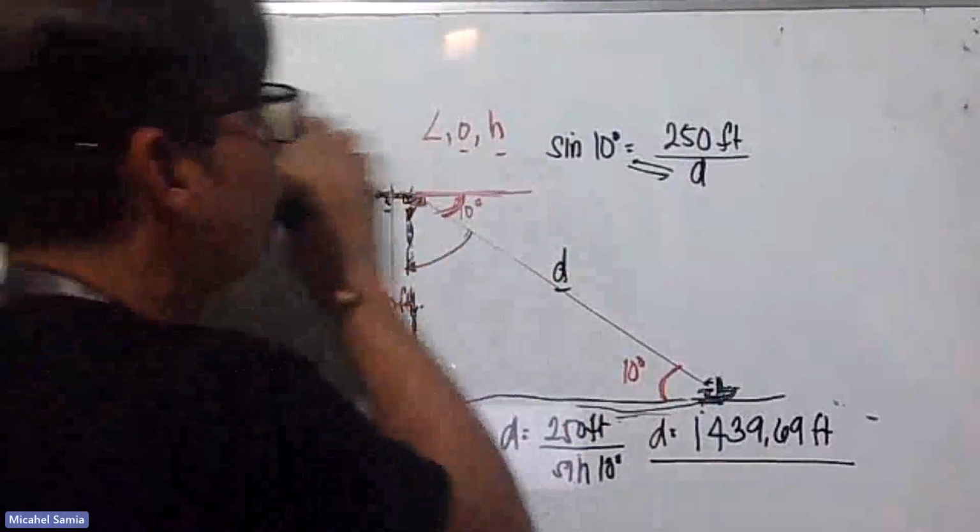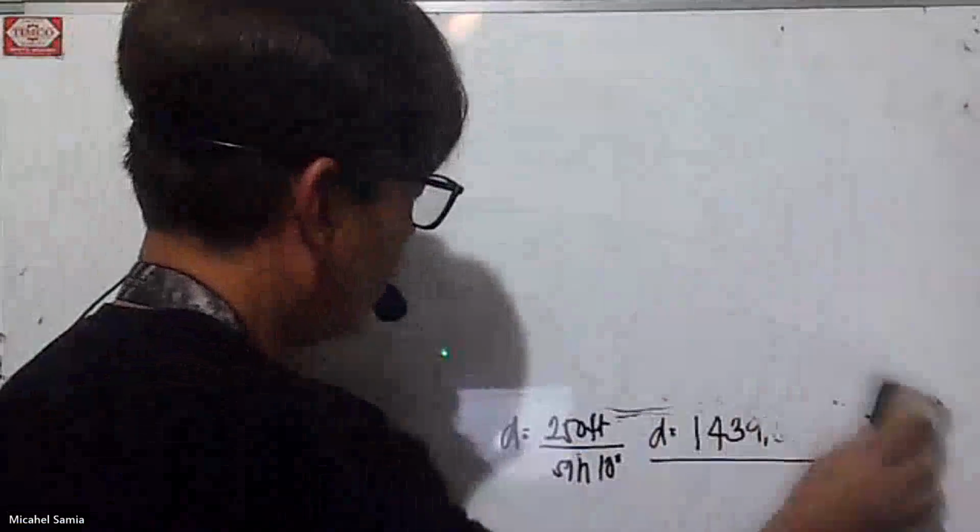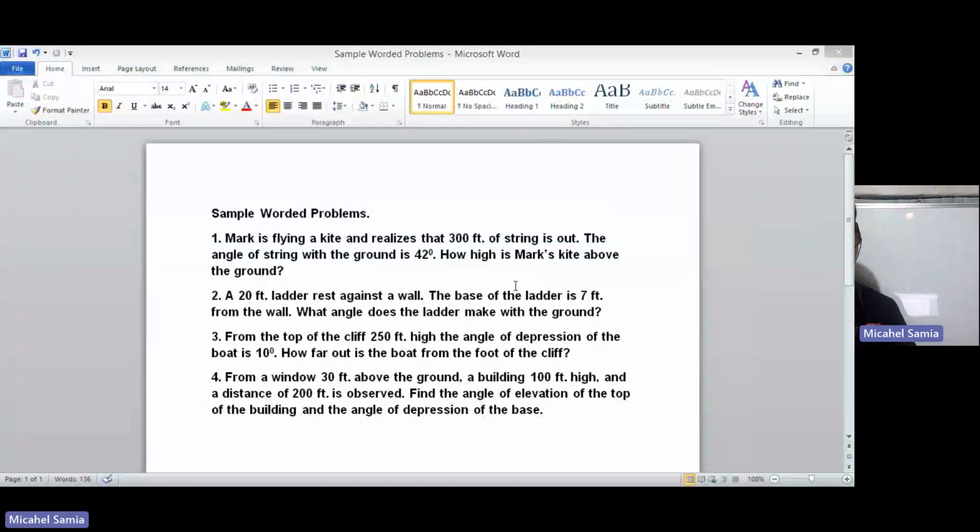Okay, now let's try the final problem. The fourth problem states that from a window 30 feet above the ground, a building 100 feet high, distance of 200 feet, is observed.